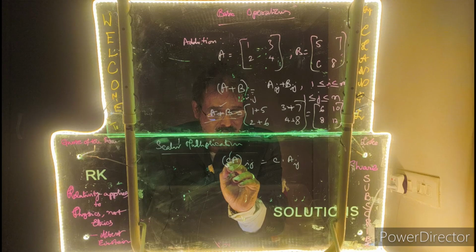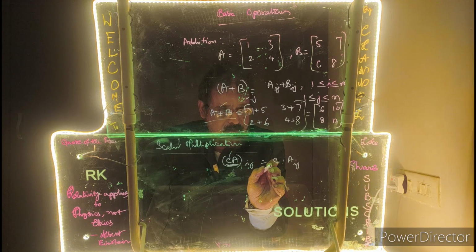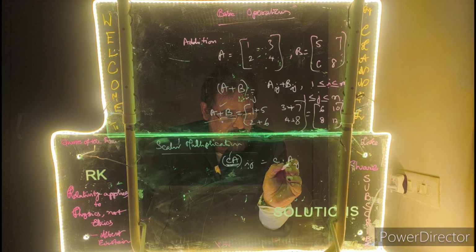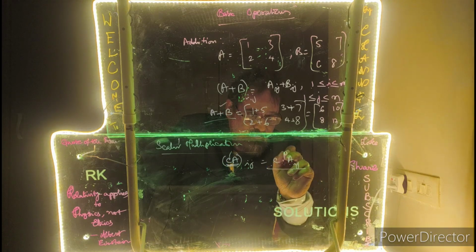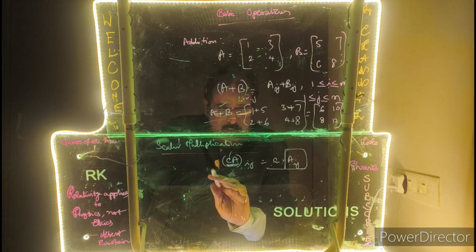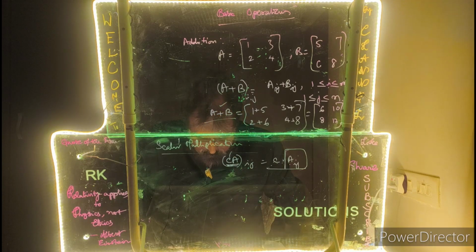If you have the product of a scalar and a matrix, then you can take the scalar outside and just put a dot there, that means the scalar multiplication of this matrix. So you can separate, bring the c out.